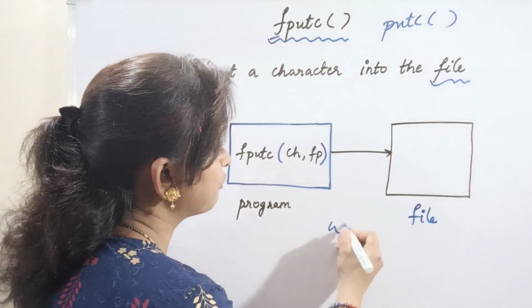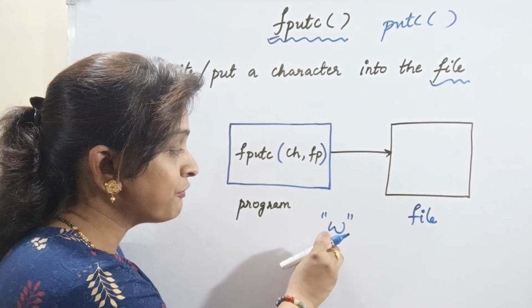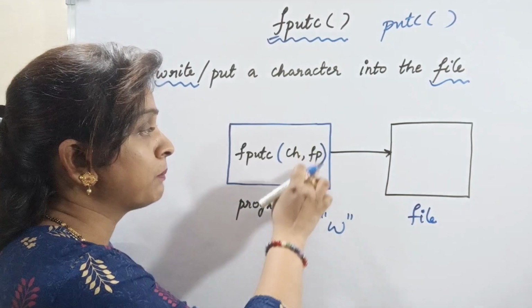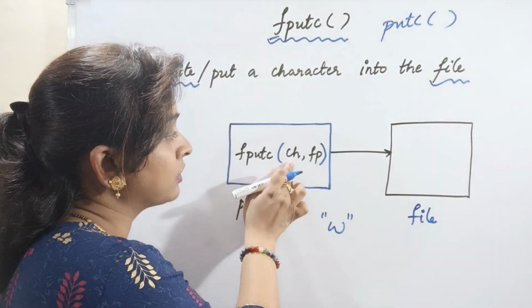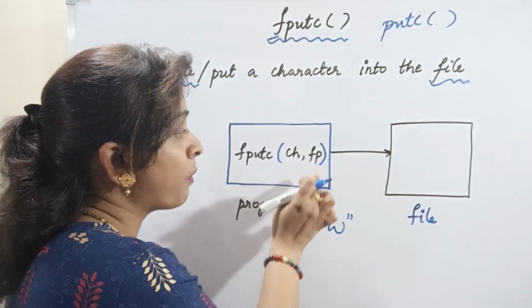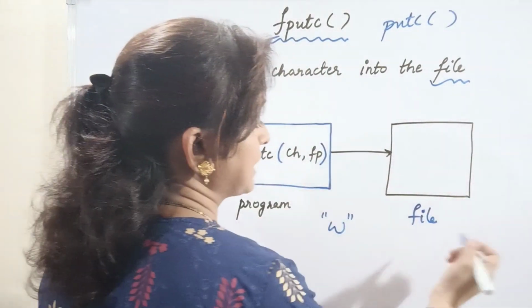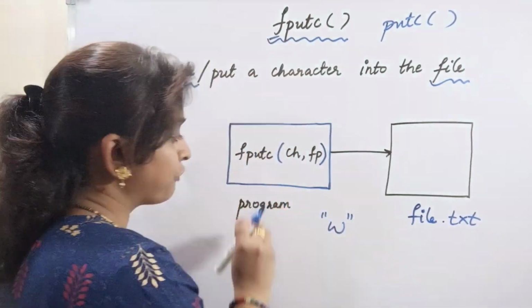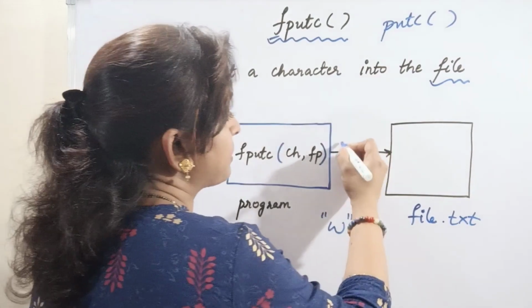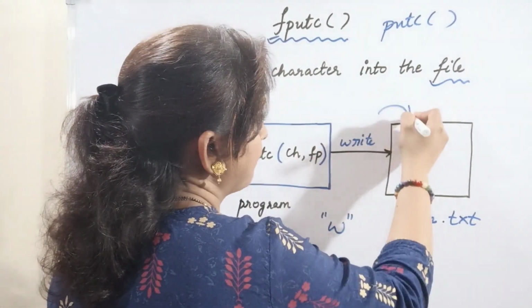So we have to say write mode. We open the file with write mode with the help of the file pointer, and we are writing this character to the file pointed to by the file pointer fp. Say, for example, it is file.txt. So from the program I am writing the character into the file.